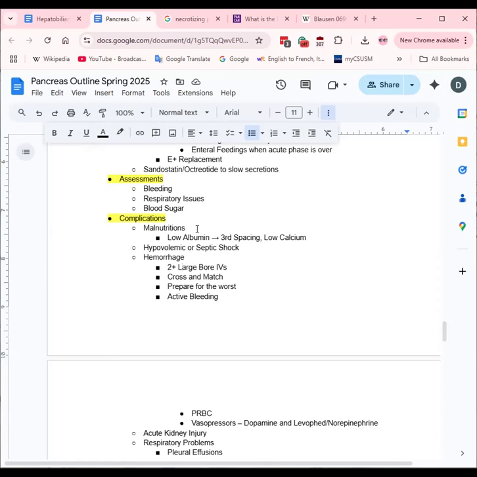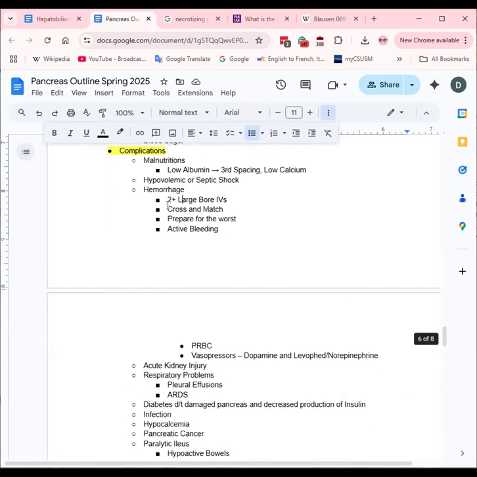So yet another connection. Again, they're at risk of shock, of bleeding, and just as a reminder, if someone's at risk of shock or bleeding, they need two large bores. We need to cross and match their blood, prepare for the worst, and they might need packed red blood cells. They might need vasopressors, which you will learn more about. But you guys kind of have the general idea on what to do there.